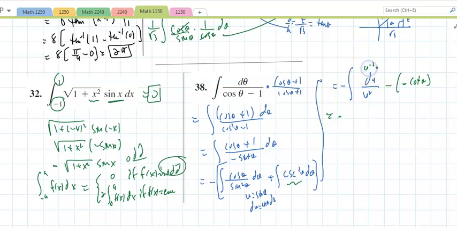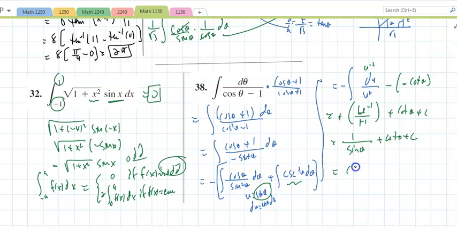This is u to the negative 2. Add 1 to the power, divide by that. And that's going to be a positive 1 over u, and u is a sine. So the final answer is cosecant of theta plus cotan of theta.